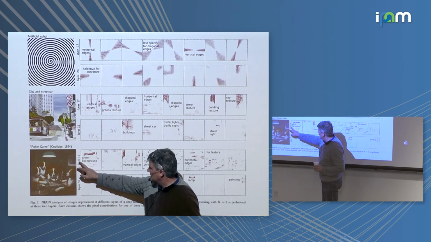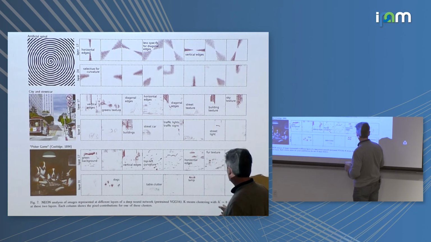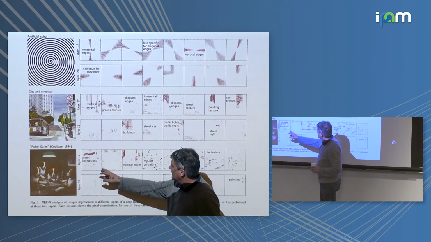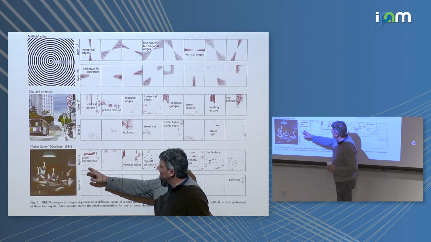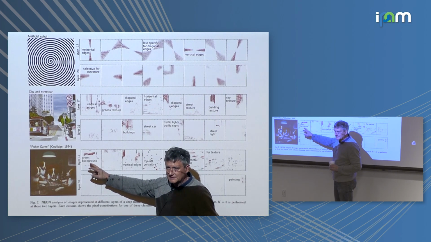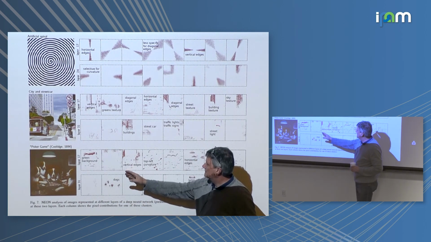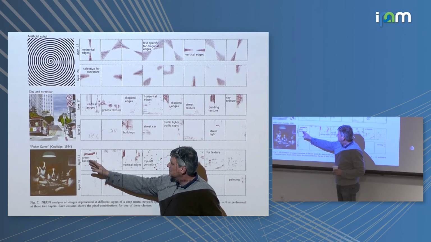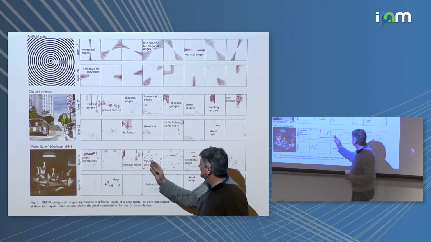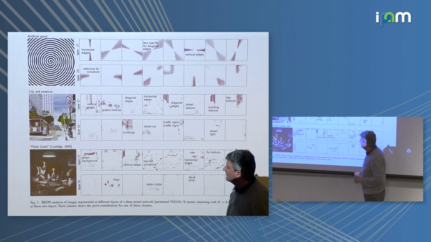So you can see, for example, this is some layer 17. This is a VGG, I think, architecture. So in layer 17, we cluster all the activities from layer 17, and then we could see that there's some particular background, edges, curvatures, something.